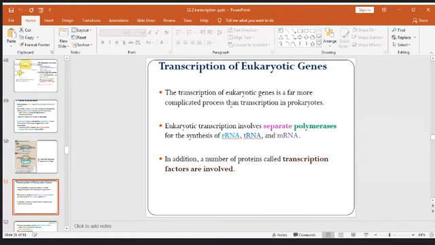It's common, and one of the reasons is that eukaryotic transcription involves separate polymerases, and those different types of polymerases are involved in the synthesis of ribosomal RNA, transfer RNA, and messenger RNA.